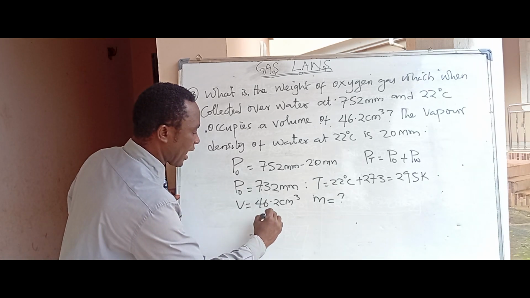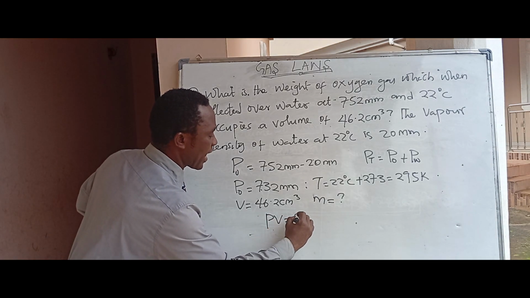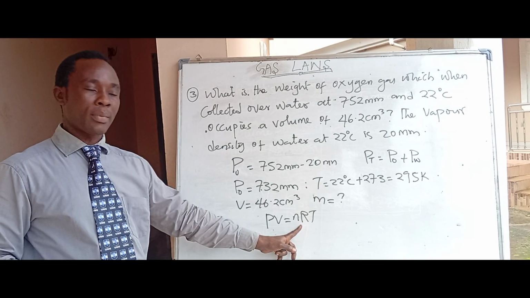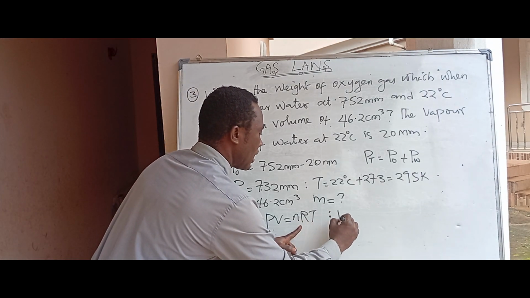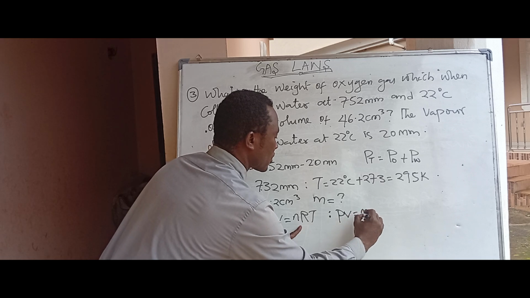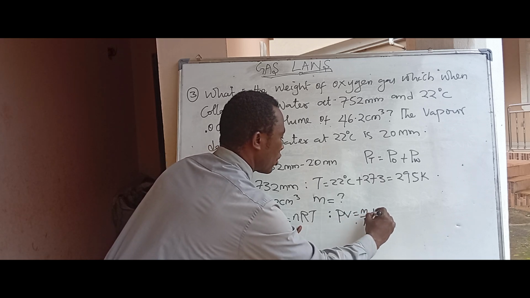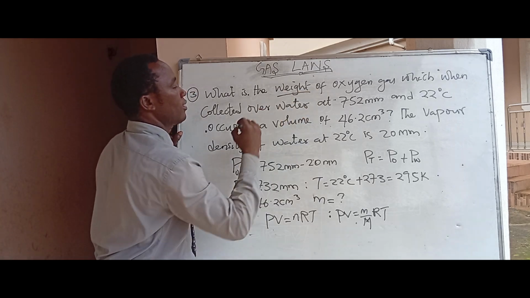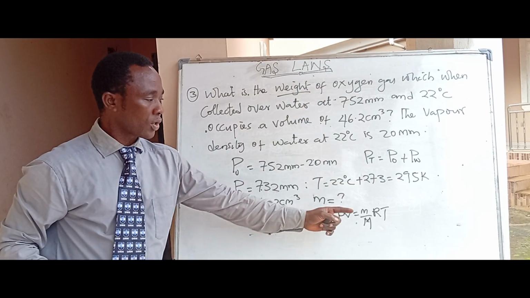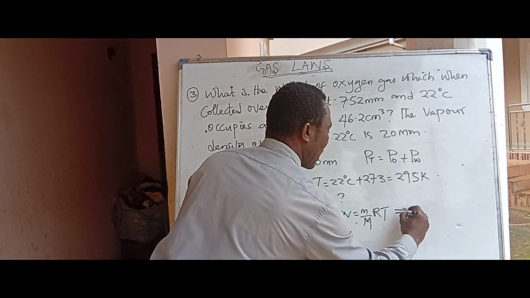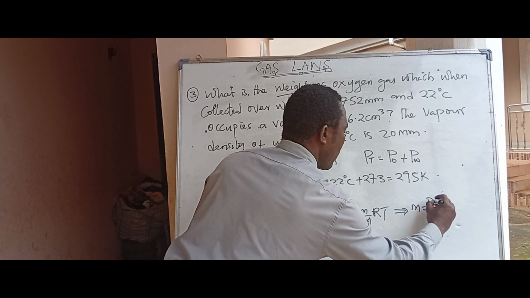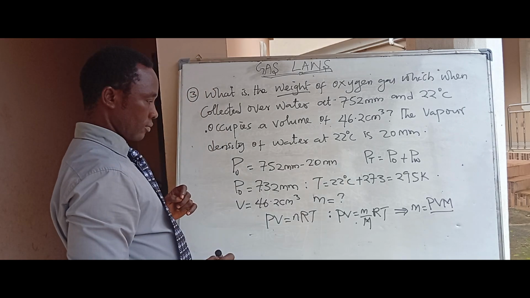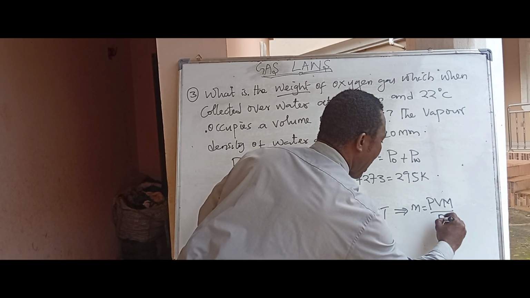Remember, from the ideal gas law, PV equals nRT. Number of moles is mass over molar mass. That means PV equals mass over molar mass, multiplied by RT. What are we looking for? The mass, that is weight. Make mass the subject. That implies the mass will become PV multiplied by M over RT.